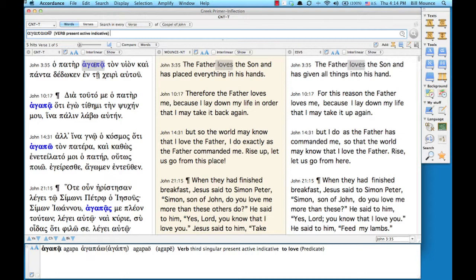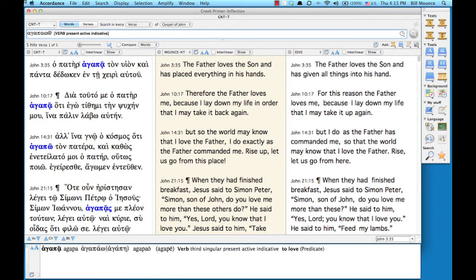Well, if you do a mouse over to the word in front of it, pater, you'll see that it is in fact a singular nominative. So the suggestion is not because pater comes in front of agapa, but because it is nominative singular and it's third person. The suggestion is that pater is in fact the subject of agapa, which of course it is.